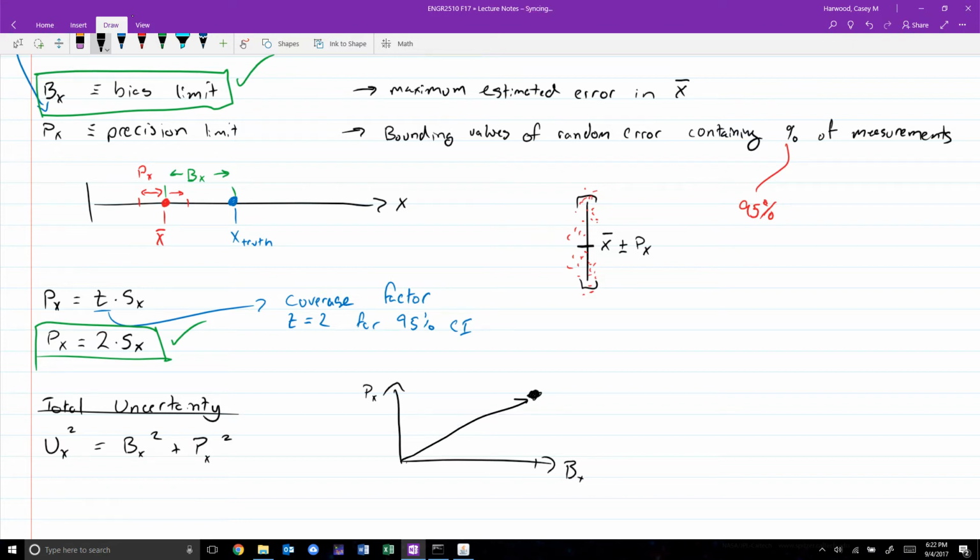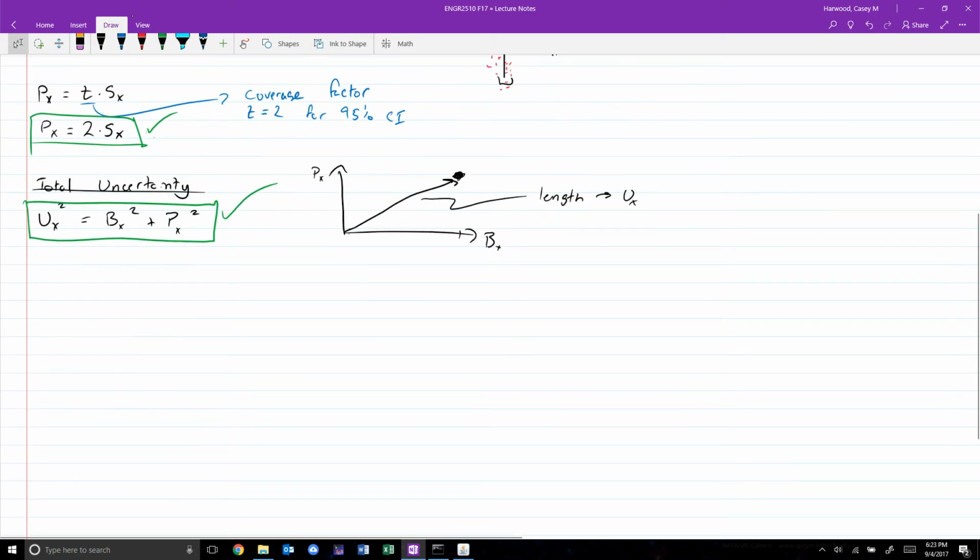Then the total uncertainty would be defined as the length of the vector from the origin to that point. Length is u sub x. So this should enable you to answer part A of the uncertainty question in the pre-lab, by computing the precision limit and total uncertainty on x1 and on x2 by following this procedure.